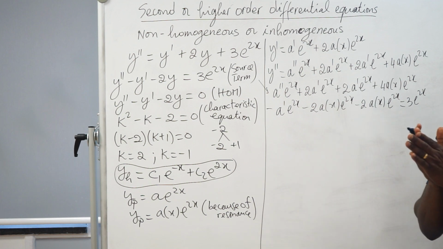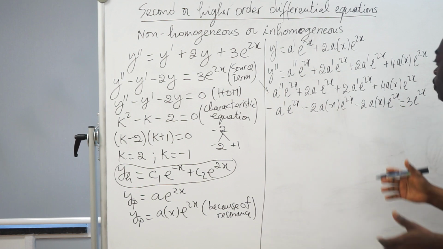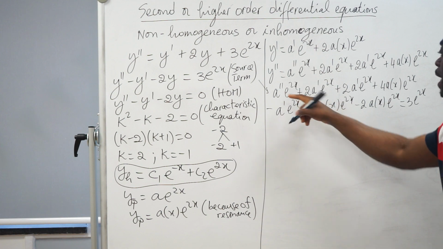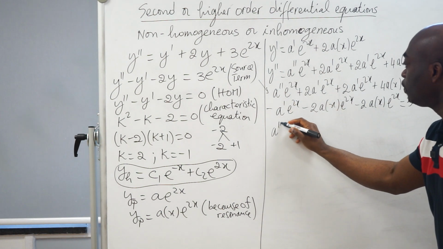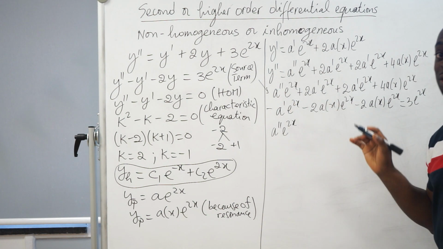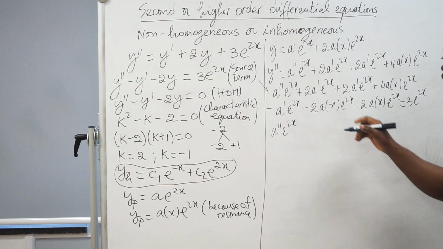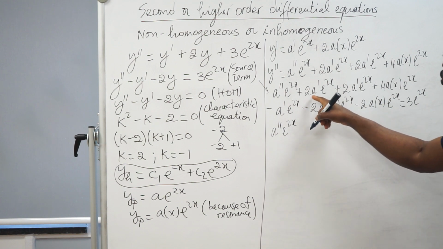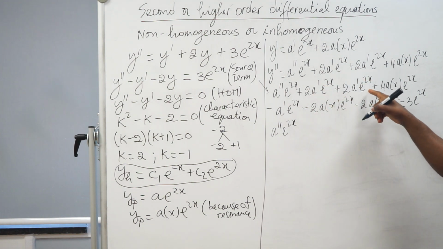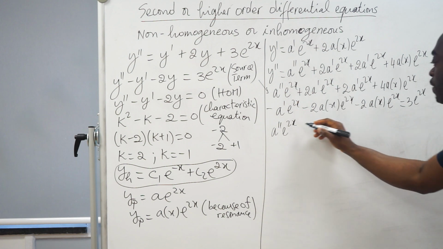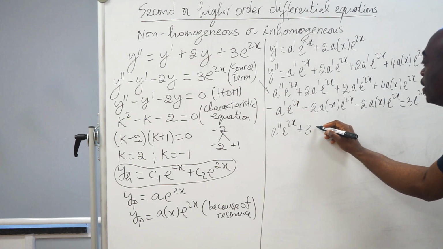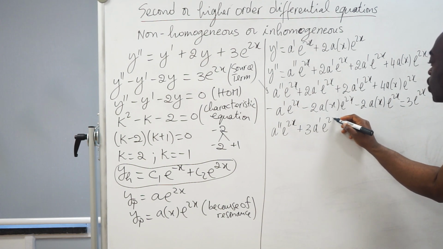Now we have to combine, subtract, and add whatever we can. So we have a double prime exponential 2x, which has nobody to play with. Then with the a prime terms, 2a prime plus 2a prime is 4a prime, minus a prime, that gives us plus 3a prime exponential 2x.